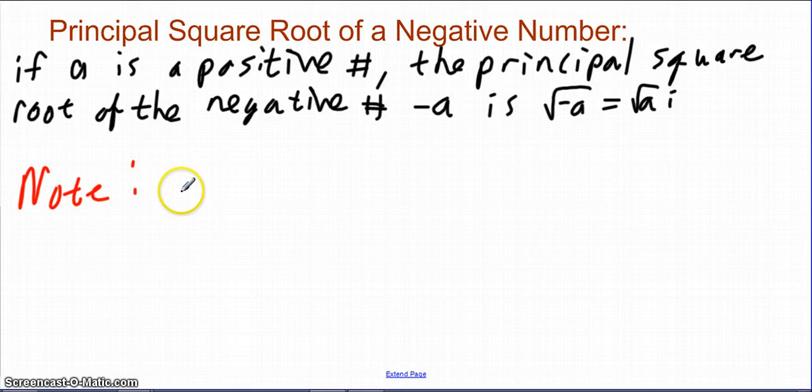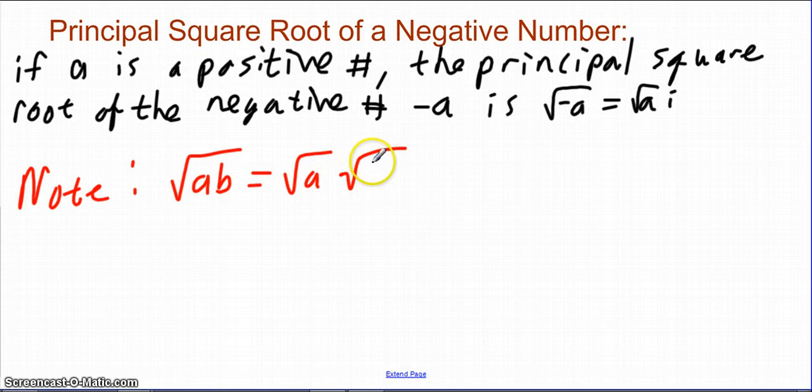So note, we know normally we can write, if I have the square root of AB, this equals the square root of A times the square root of B. Well, this is only true if A and B are positive.